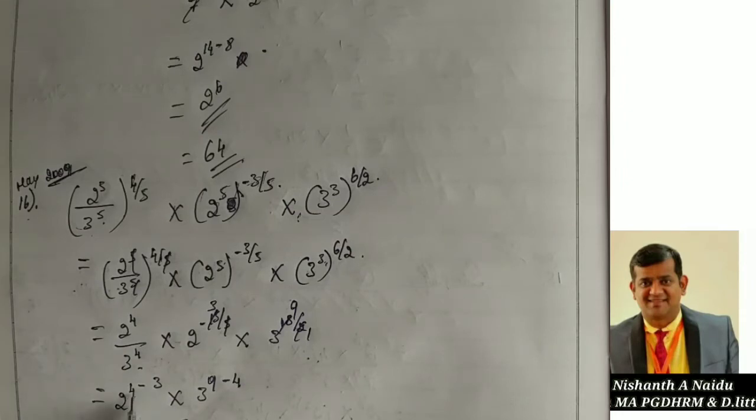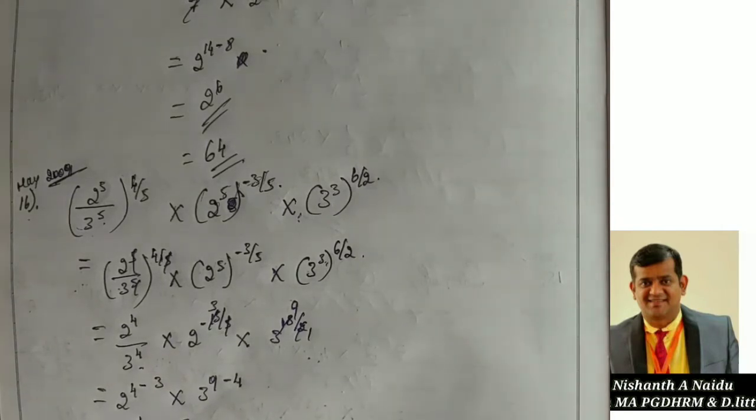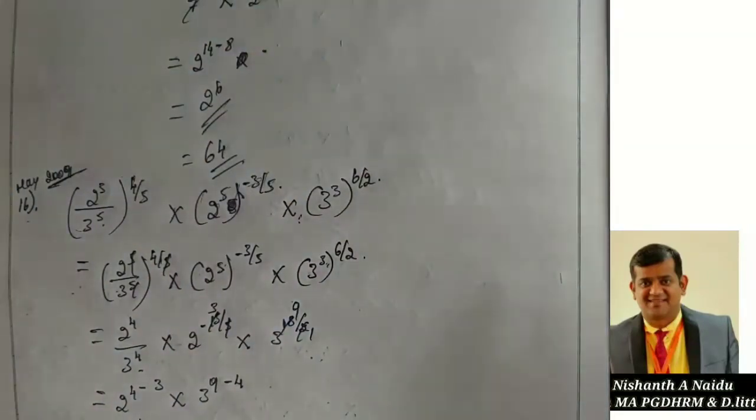So here 2 to the power of 4 minus 3, so 2 to the power of 1 is equal to 2, into 3 to the power of 5. So how much will you get for 3 to the power of 5?